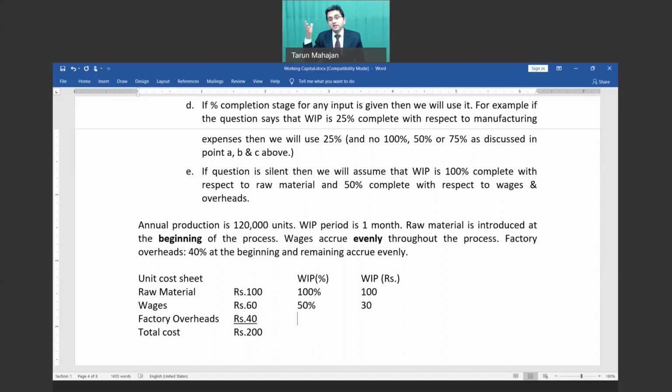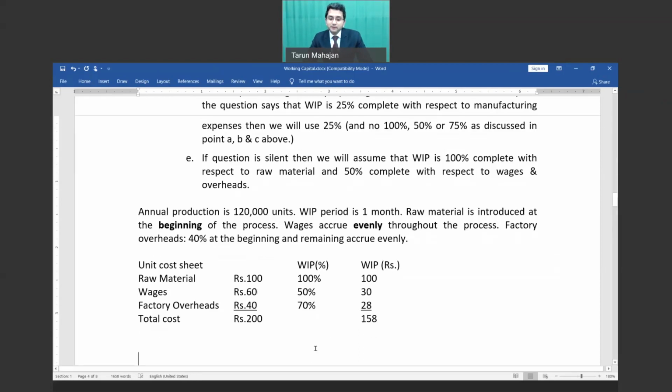So 40 plus 100 divided by 2 is 70%. So WIP is 70% complete with respect to factory overhead. So that's approximately 28 rupees. So WIP in total is going to be 158 rupees. This is the per unit cost of WIP.